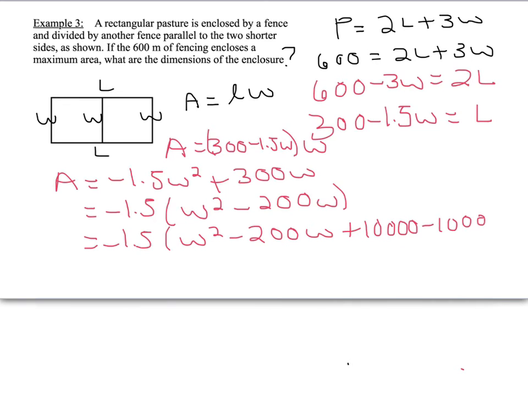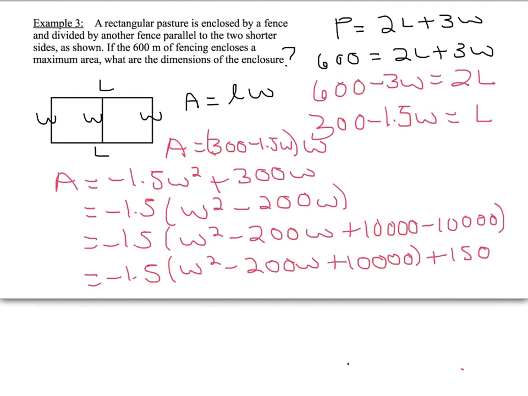And subtract that value as well. I'm going to move the subtracted value outside of the bracket now by multiplying it with negative 1.5. Okay, and then writing our final equation in vertex form.